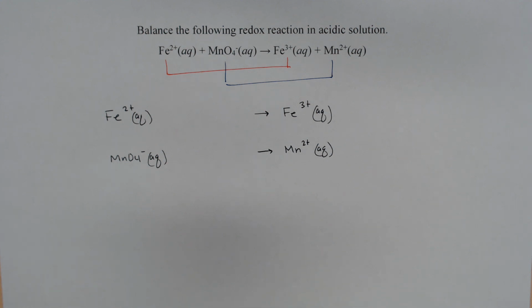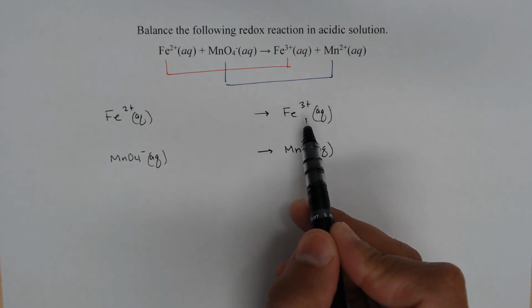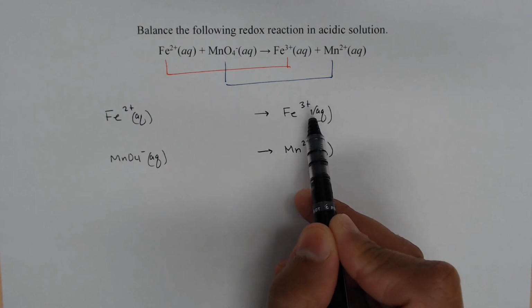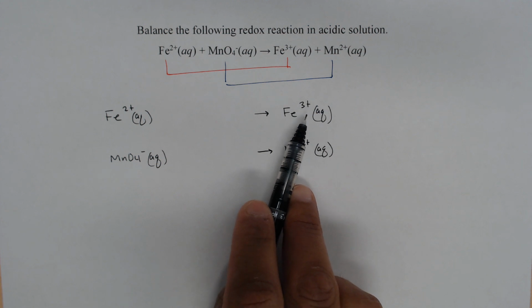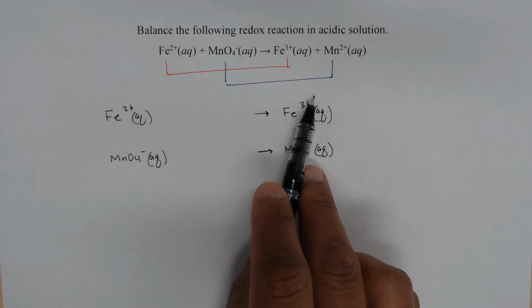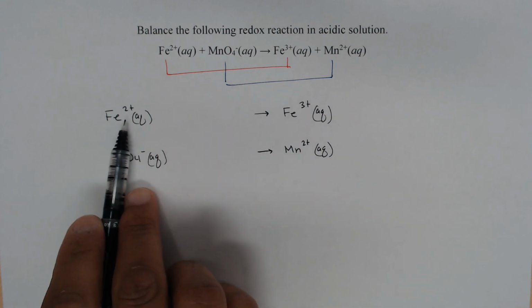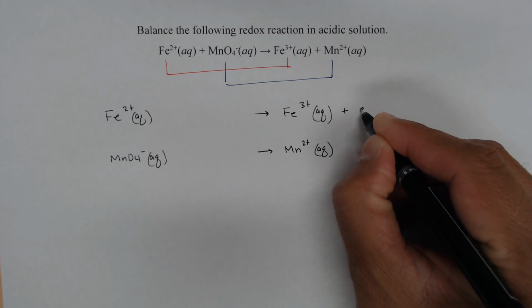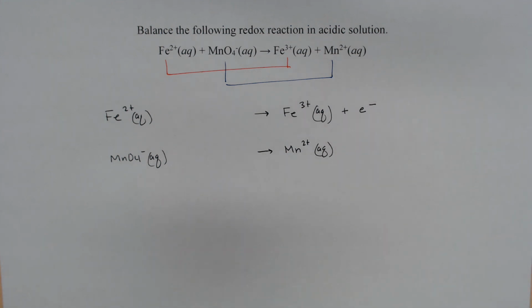Electrons are negatively charged. So we'll go to the higher charge, +3, and we'll add electrons so that the charges balance on each side. So we want this 3+ to come down to a 2+, and we'll do that by adding 1 electron.